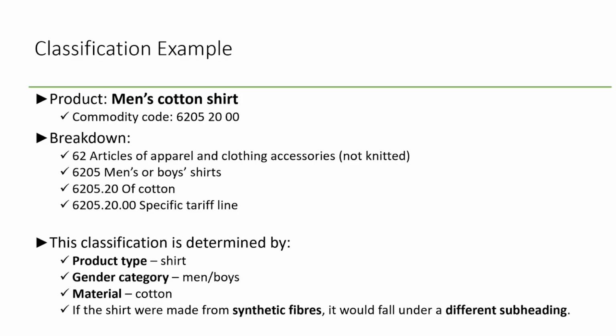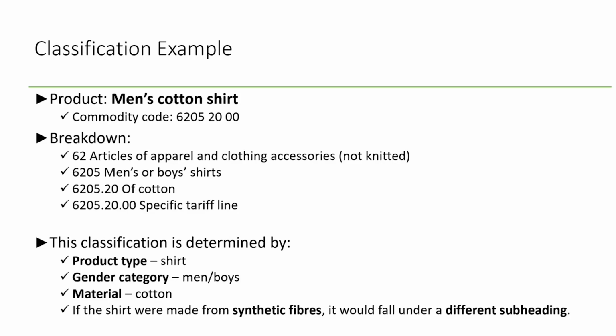And there are three things, if you're ever audited, that will be focused on most closely initially, and that is classification, origin, and valuation. The reason that classification is focused in on so specifically is because that determines all the rules and controls around importing and exporting your product.